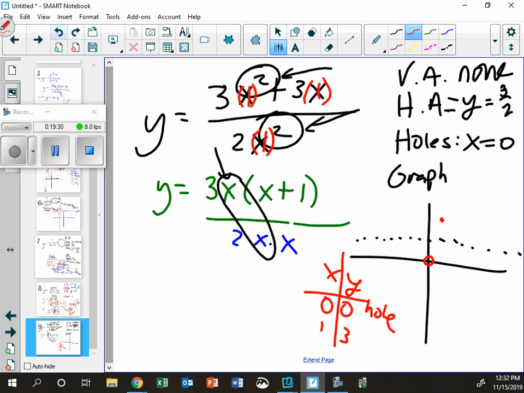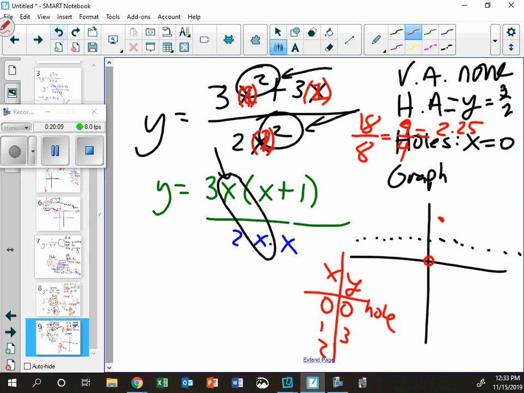And now I'm just going to put in one more point, a little bit bigger. I'll put in a 2, and I'll see if it ends up going up or down from this spot. Okay, so now I'm going to put in a 2. And I get 4 times 3 is 12 plus 6 is 18 divided by 4 times 2 is 8. 18/8, which is 9 over 4, which is basically 2 and 1/4, 2.25.